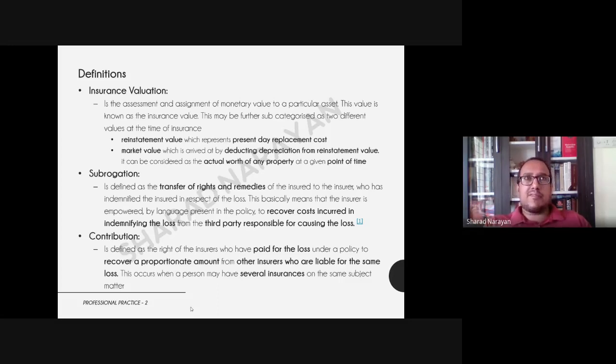So let us say a farmer has a property which is worth around 15 lakhs and insures it under 4 different companies at different kinds of valuations. So the companies can choose to equally reimburse the farmer, or they can choose to have a certain proportional reimbursement.